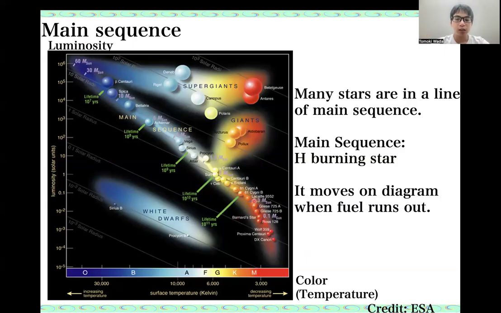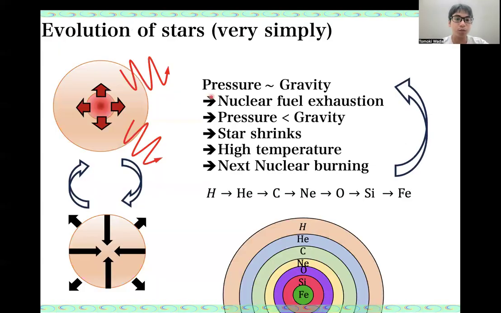And when hydrogen runs out, it moves from this line, to something like here or here. And this slide shows the very simple evolution of stars in the last diagram.